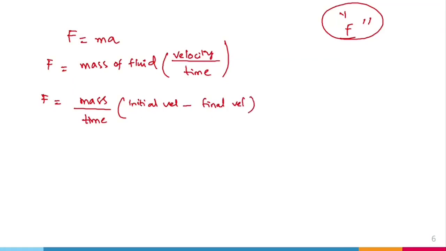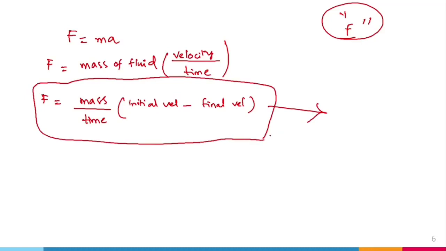Initial velocity means before striking the plate, what is the velocity of water? Final velocity stands for after striking the plate, what is the velocity of water? Please remember, this is the only formula we will be using for all the derivations: mass by time into initial velocity minus final velocity. Mass by time means mass per second.